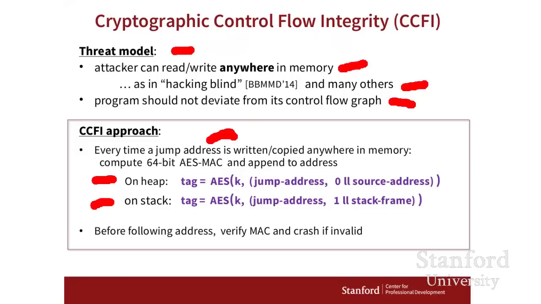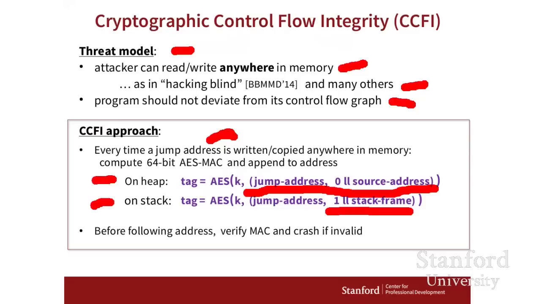We're going to depend on the AES block cipher for this. If you want to learn how AES works, we discussed this at great length in our crypto course. One thing we can use AES for is to compute integrity tags. We compute this integrity tag on the jump address plus the source address. And we prepend a 0 if it's on the heap and a 1 if it's on the stack, so that there's no confusion between addresses on the heap and addresses on the stack.